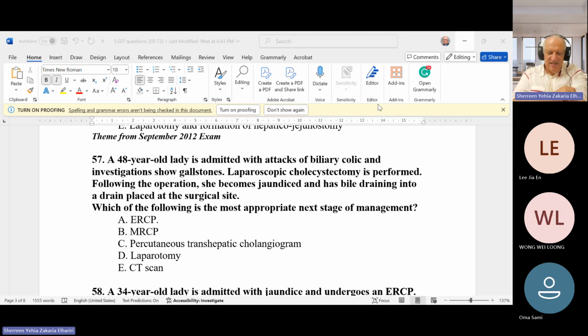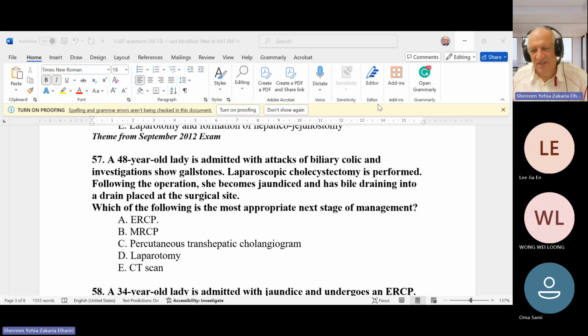It is very rare. If the patient presents after 1 month with obstructive jaundice, what could it be? Usually injury of the common bile duct causes a stricture.